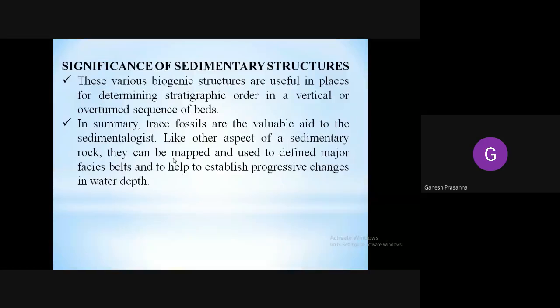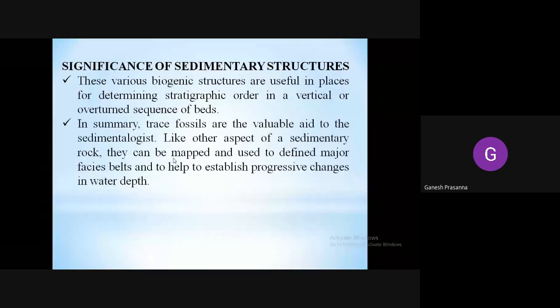Coming to the significance, these are very important for determining the stratigraphic order in vertical or horizontal events, to determine the age of the rock, at what time the sedimentary rock was formed, and how it formed, whether from wind, water, or any other process.